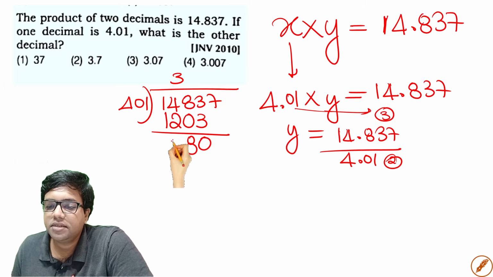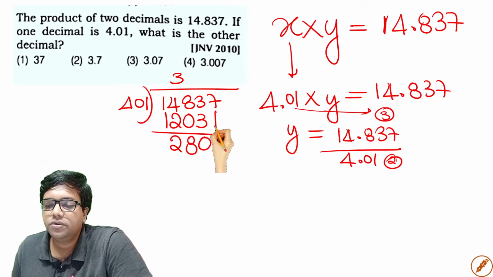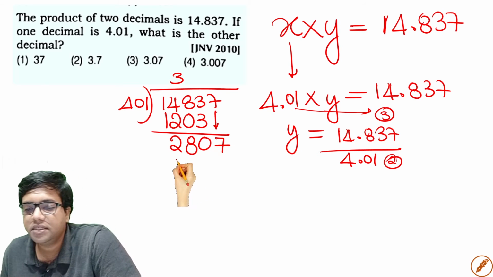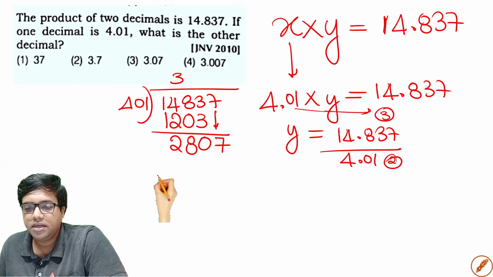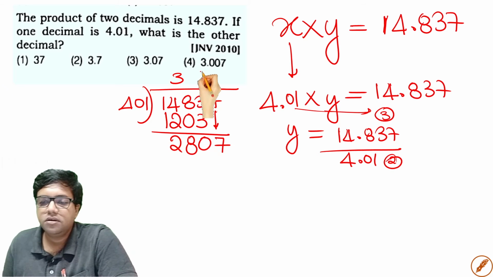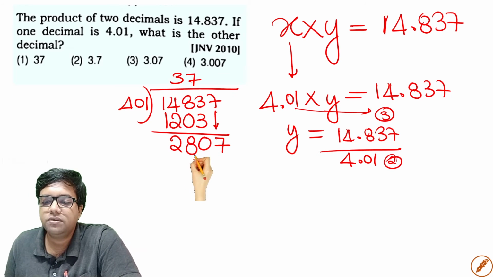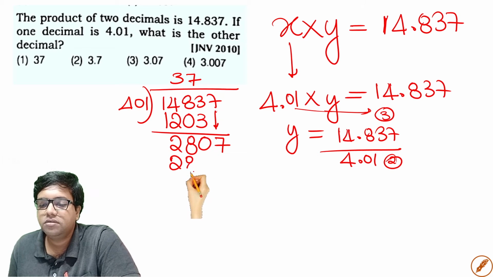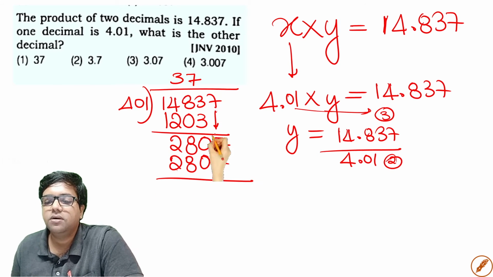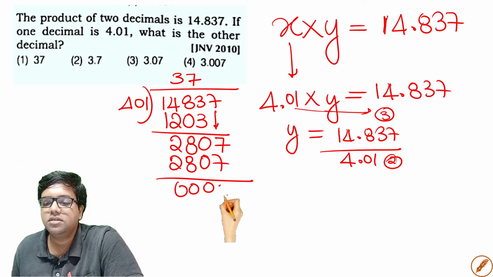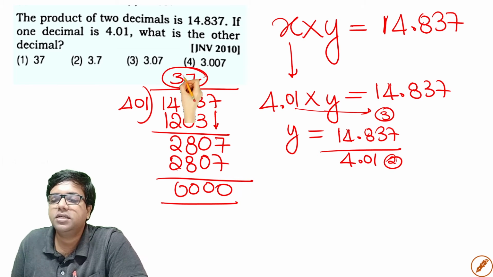We will get 280. So you take 7 down. After taking 7 down, 4017s are 2807. So the remainder is 0. Therefore the quotient is 37.